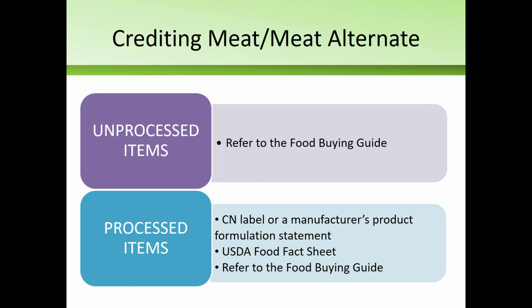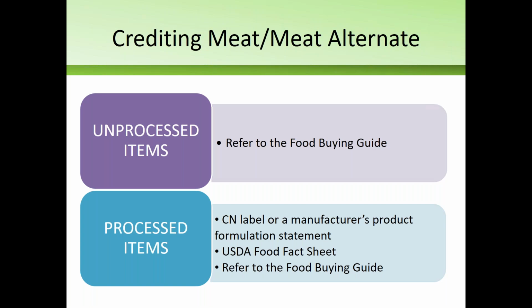You will determine the crediting of these items by using a number of different resources. It could be a CN label or a manufacturer's product formulation statement. If it's a USDA food item, such as deli meats, you could get that through the USDA food fact sheet. You can also refer to the food buying guide, as some processed items are listed there as well.